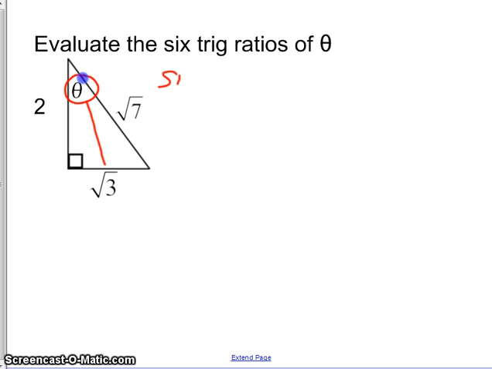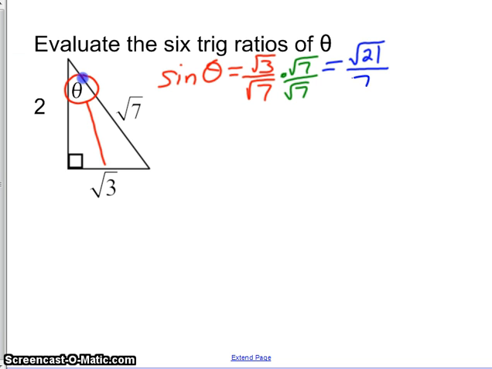So sine of theta is opposite over hypotenuse. You can never leave a radical in the denominator, so this has to be rationalized. I'm going to multiply top and bottom by the square root of 7, which equals square root of 21 over 7. Sine in simplest form is square root of 21 over 7.